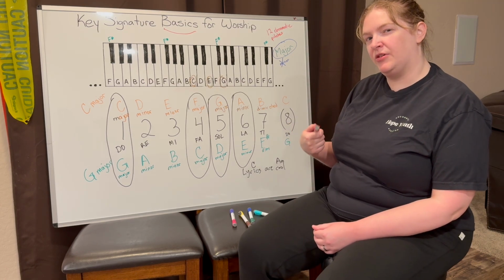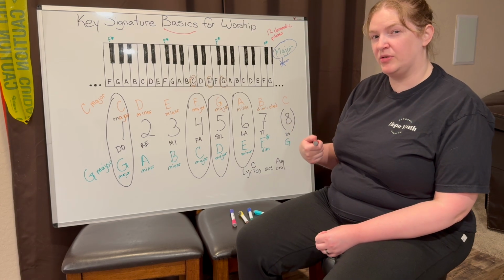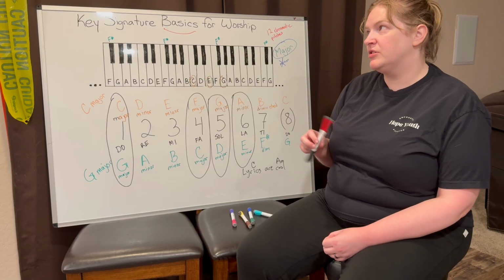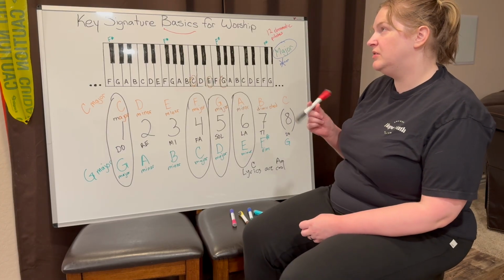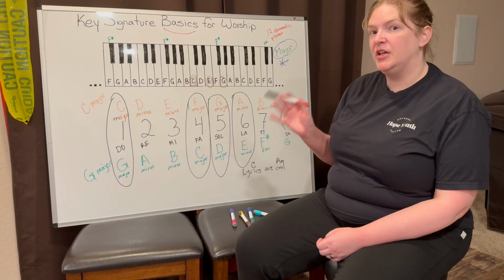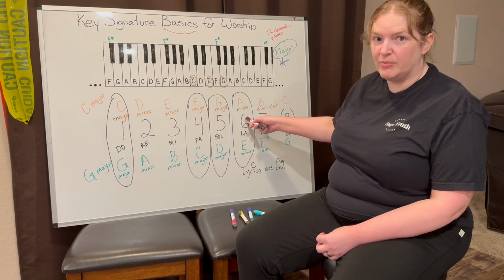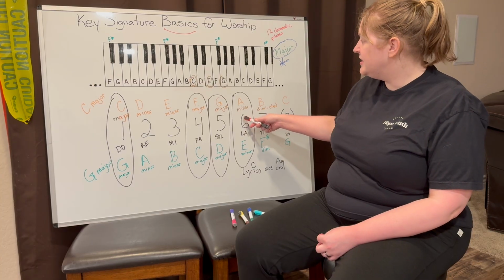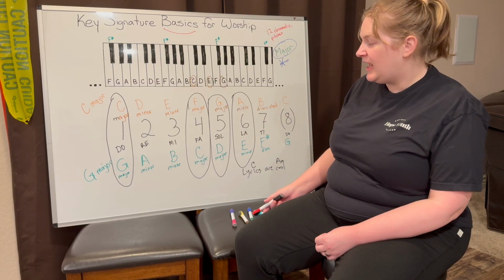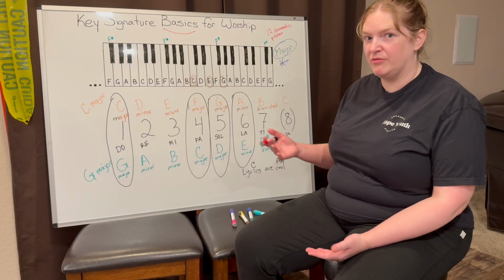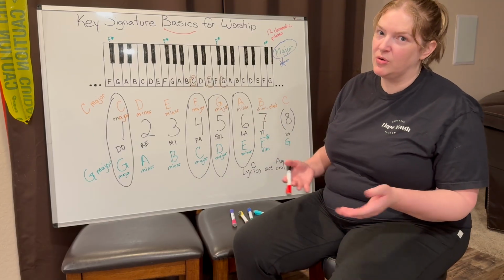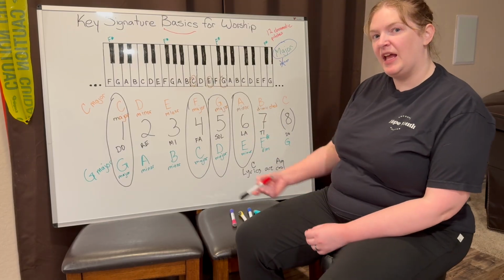Remember how I said earlier there's a couple of ways you can see this on a chord chart? Some churches will prefer, instead of using letters, to use the numbers. So instead of saying, hey, we're playing a C major chord here, they'll say, hey, we're playing the 1.